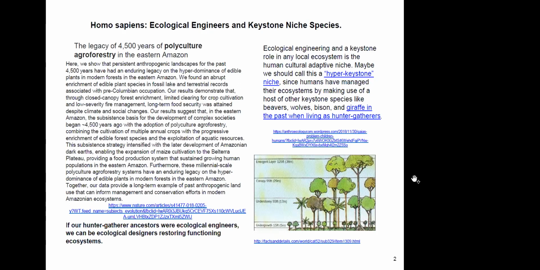So the conclusion is that humans were favoring the frequency of these plants by somehow or other planting them or favoring their seeds.